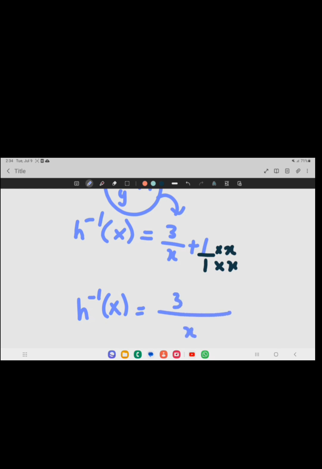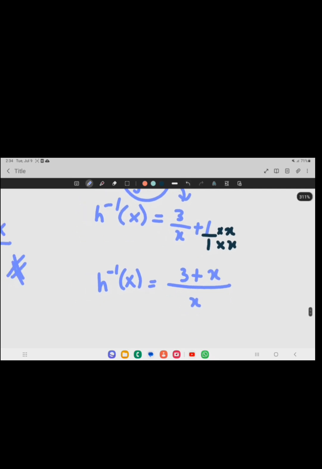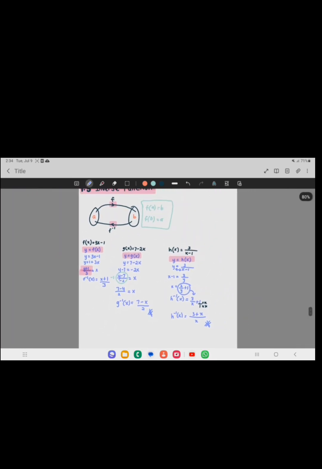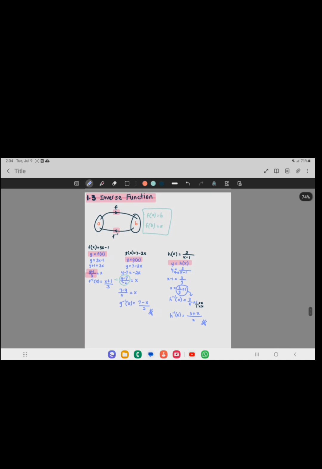So the top already becomes 3 plus 1 minus x, which gives x. So this will be your final answer. It's always better to make your final answer into a single fraction. So this is very easy, right? If they ask you to find the inverse function, then it's a direct question. So maybe you'll get 1 or 2 marks only.